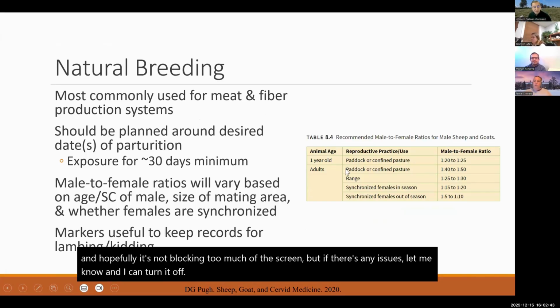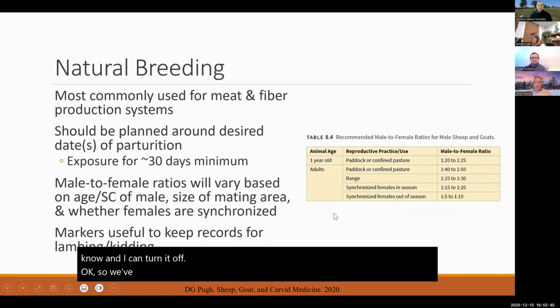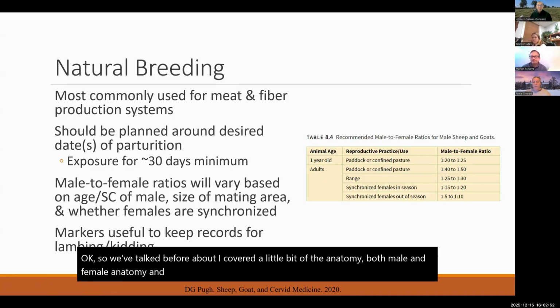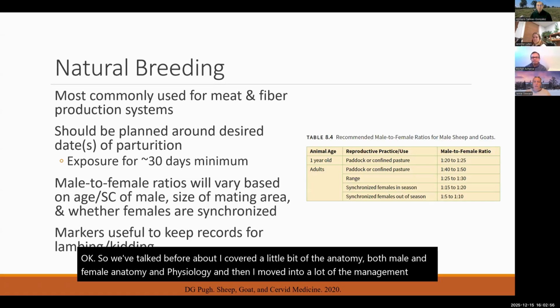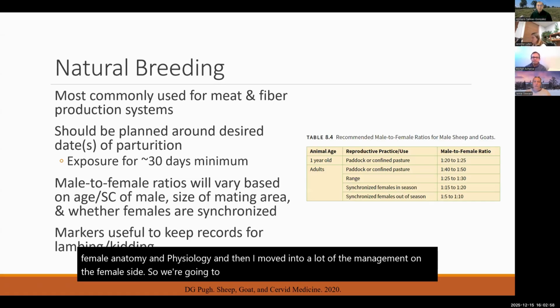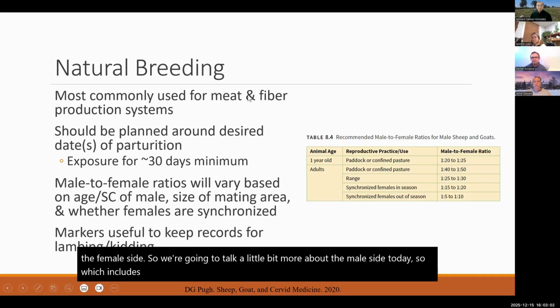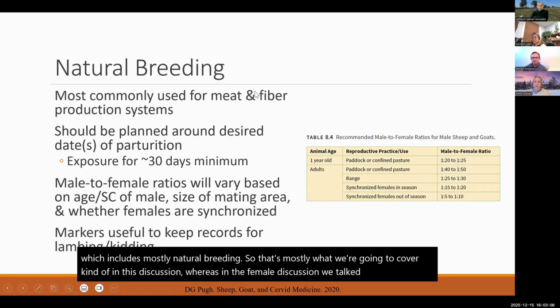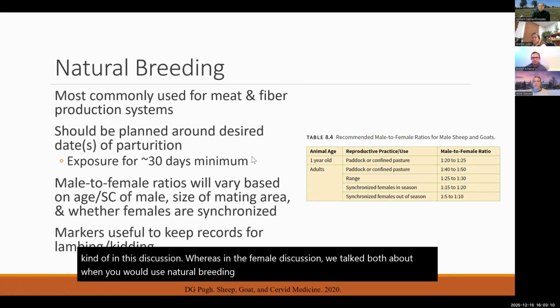Okay, so we've talked before about the anatomy, both male and female anatomy and physiology, and then I moved into a lot of the management on the female side. So we're going to talk a little bit more about the male side today, which includes mostly natural breeding. In the female discussion we talked both about when you would use natural breeding versus artificial insemination.